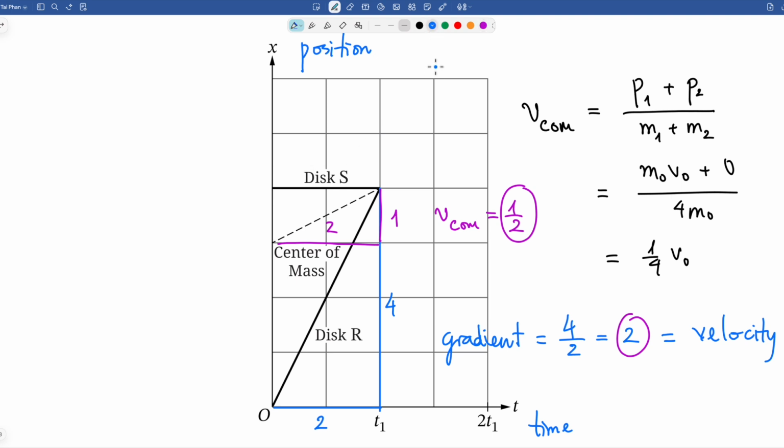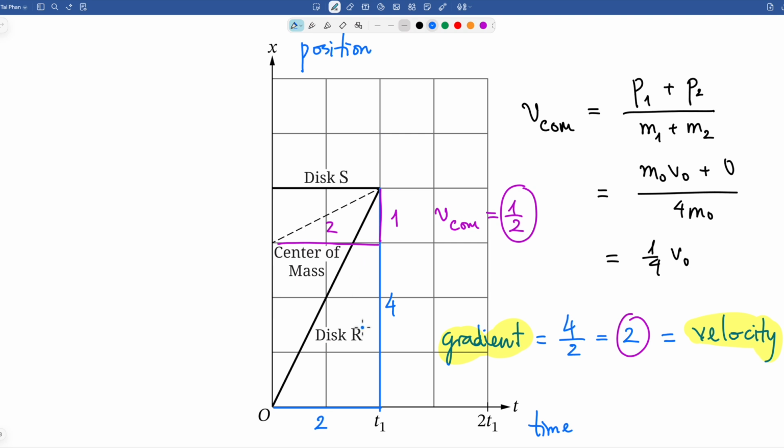Now we need to draw the 3 lines which represent the velocities of the disks after the collision and the center of mass. The most important thing in this type of question is the meaning of the gradient: velocity. Just focus on this idea, this knowledge, and you can solve this problem easily.